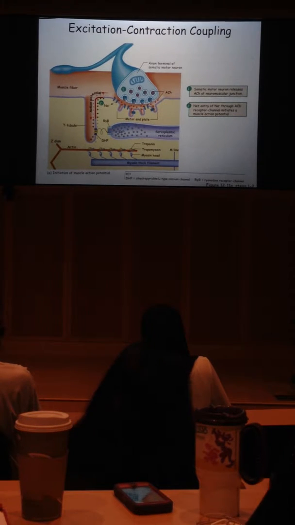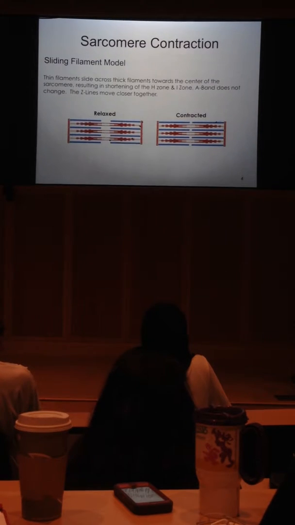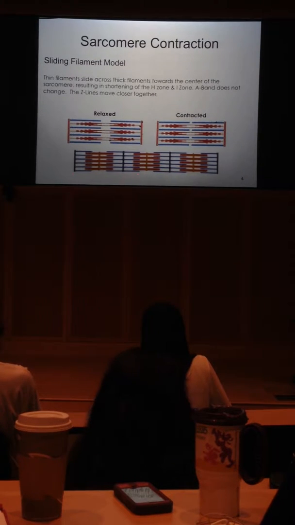When that happens, calcium enters the cytoplasm, which initiates the myosin, allowing cross-bridge to take place, and then you get the contraction, which is shown here.